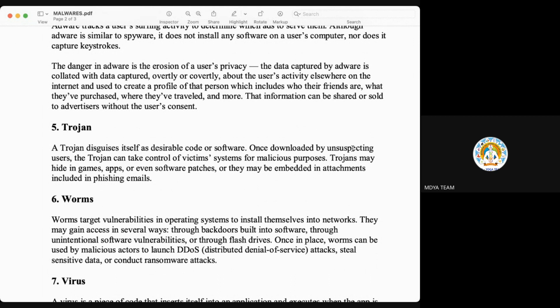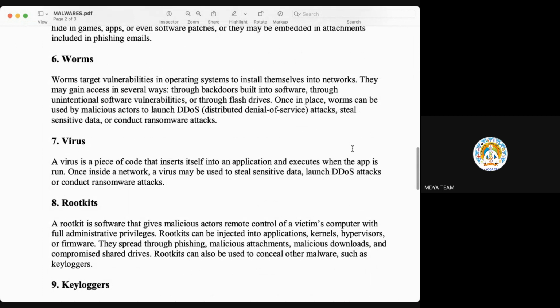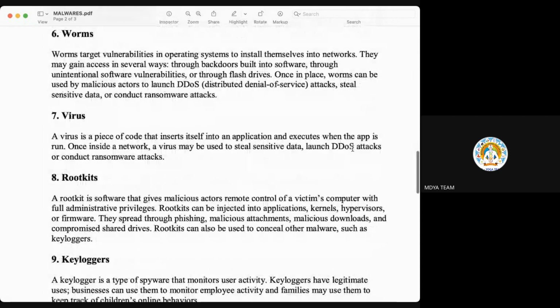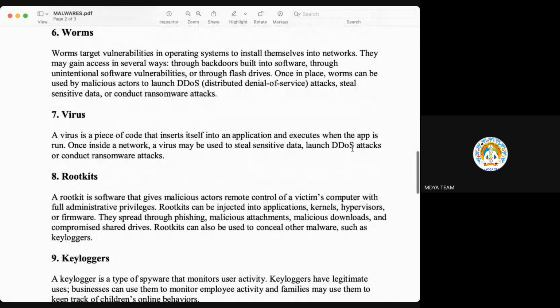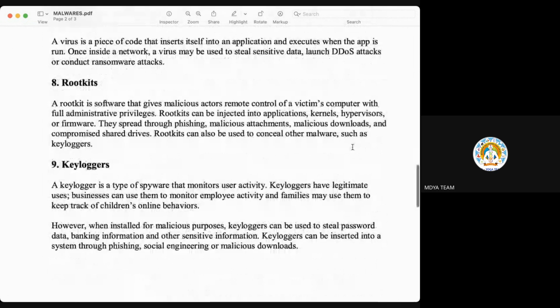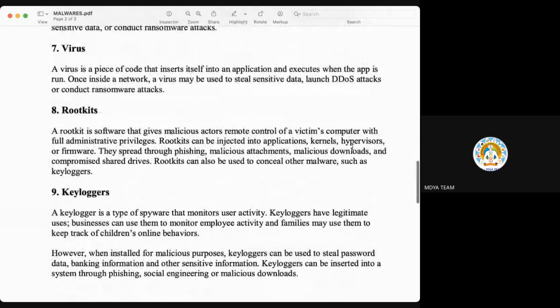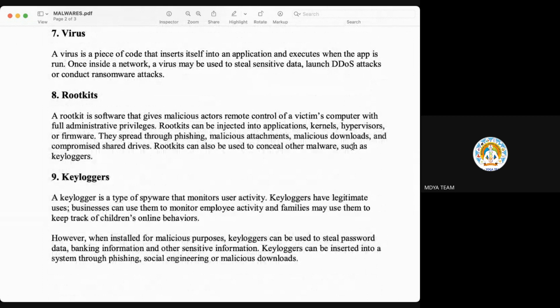If you read once or twice, you'll get it. What is the difference between rootkits? Rootkits again are softwares, but they are injected into the applications or your firmware, and they spread through phishing and malware attachments.